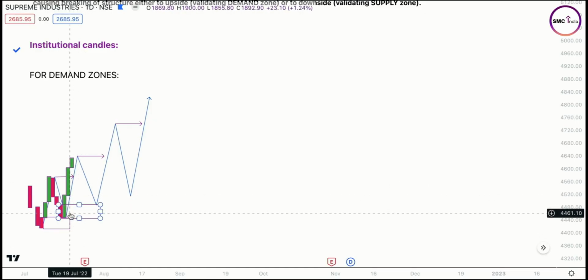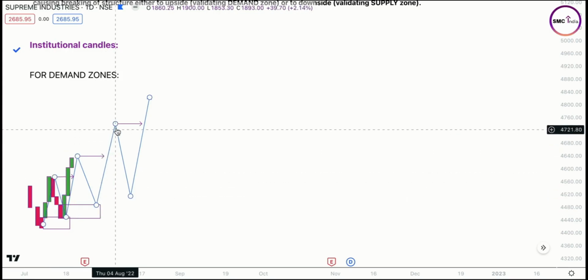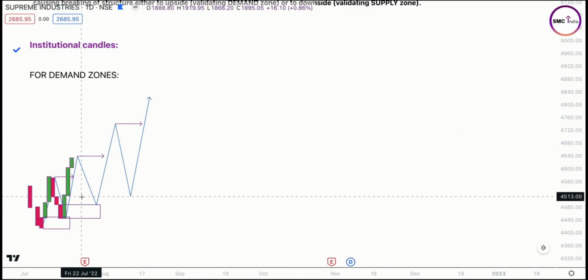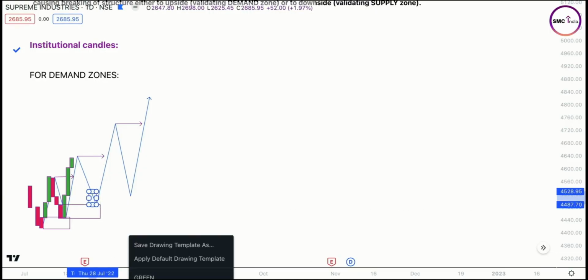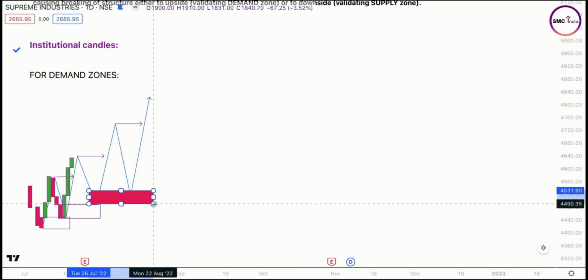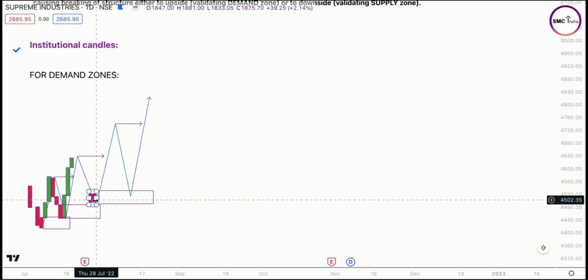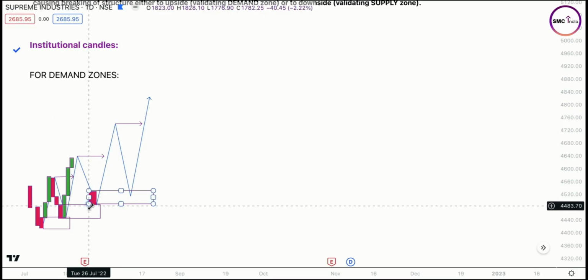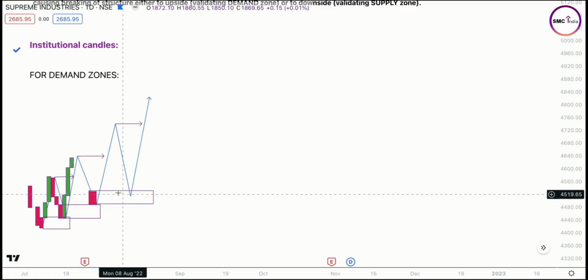See, the price comes back, taps this last sell candle here, and again the price shoots up. So when you see the last sell candle which causes breakout structure to the upside, it is the order block in the demand zone.